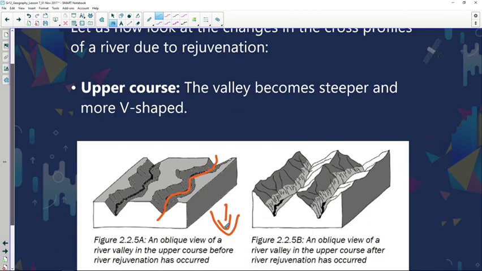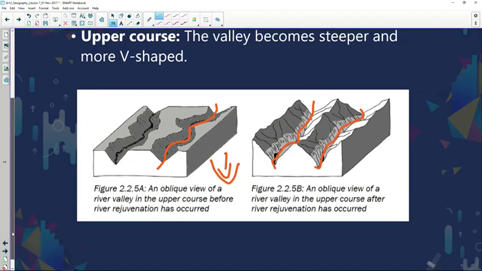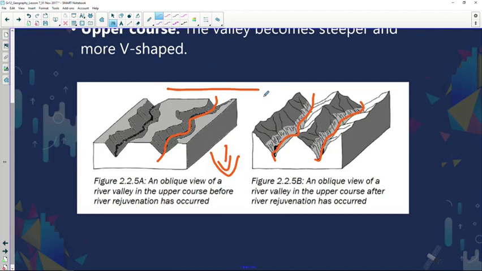There's going to be more erosion capabilities. And as you can see, there's the river after rejuvenation, cutting even deeper into the river valley. So, as you can see, the river has been rejuvenated. What's the reason for it? Increase of volume of water and velocity of water, and might be because of upliftment of land.